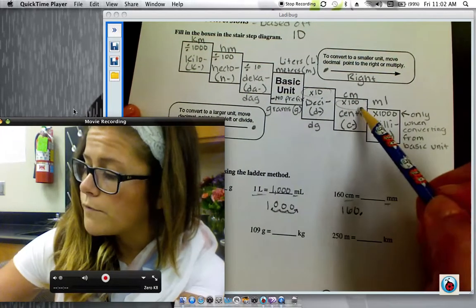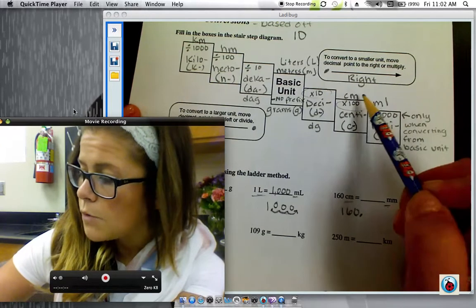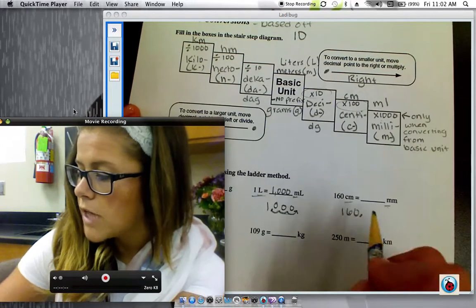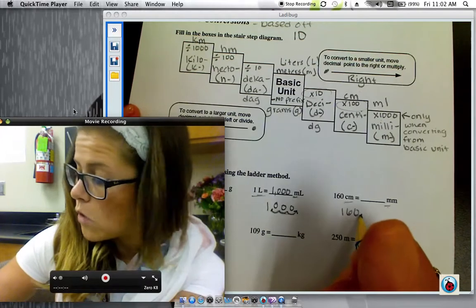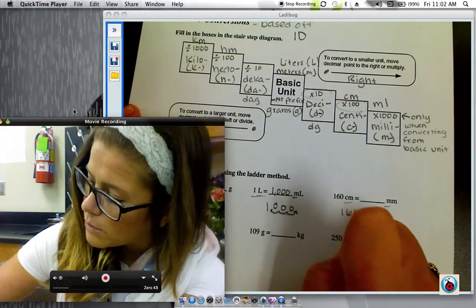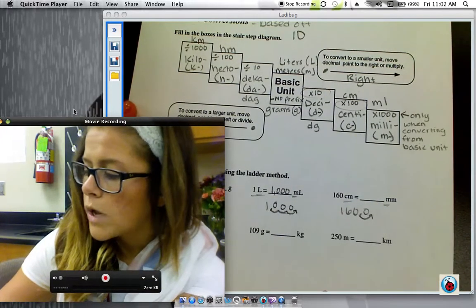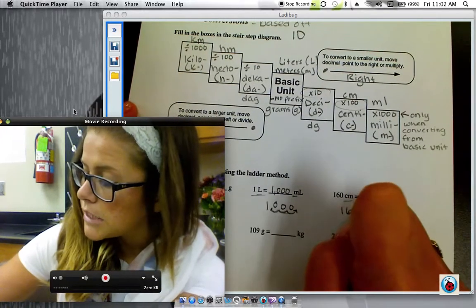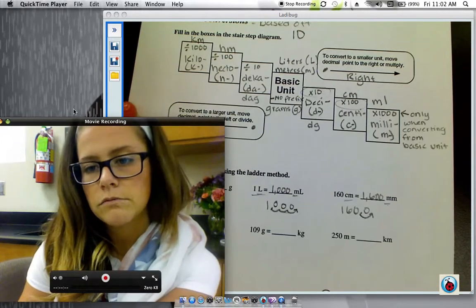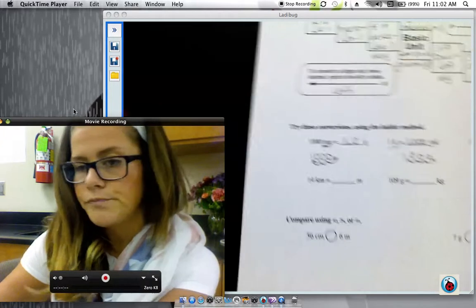From centi to milli, we only go down 1 step to the right. So that means we're only going to move our decimal over 1 time to the right. So we only put in 1 placeholder 0. So 160 centimeters is equal to 1,600 millimeters.